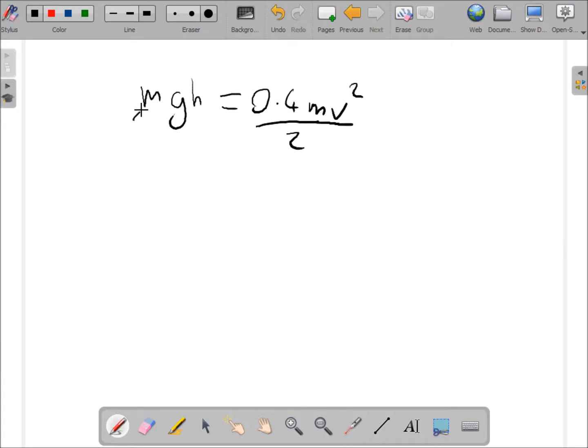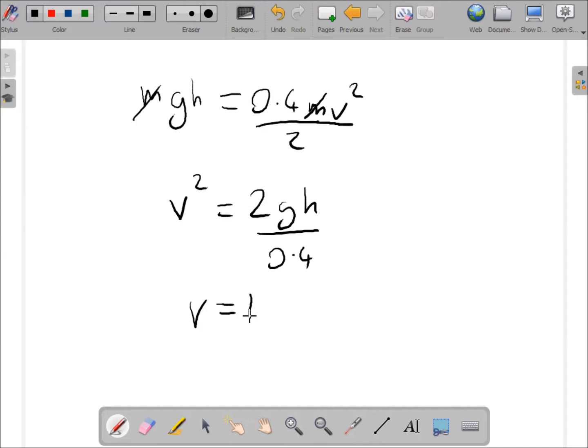Now if you notice here, the masses will cancel, so we get v squared is equal to 2gh divided by 0.4, and then we could root that to get out exactly the same answer as last time, but a little bit more elegant.